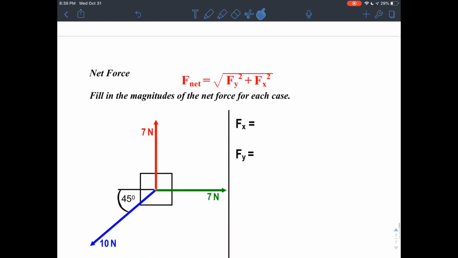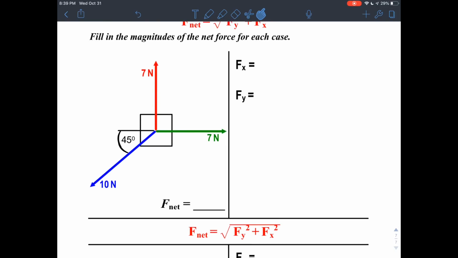All right, for our next one, we now have 10 newtons down and left, and then we have our 7 newtons up and our 7 newtons to the right.